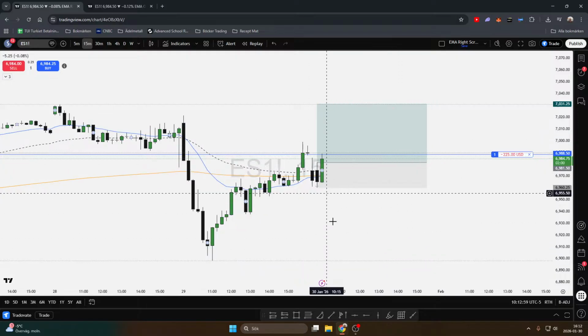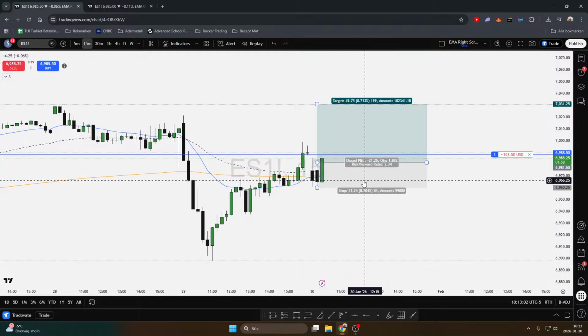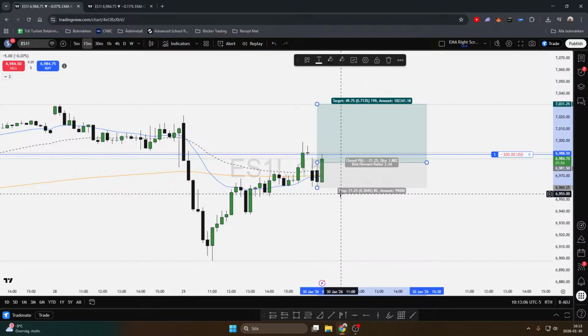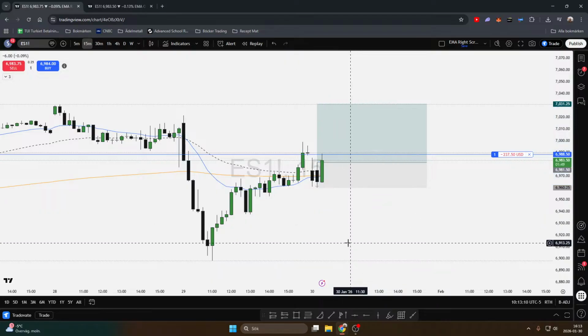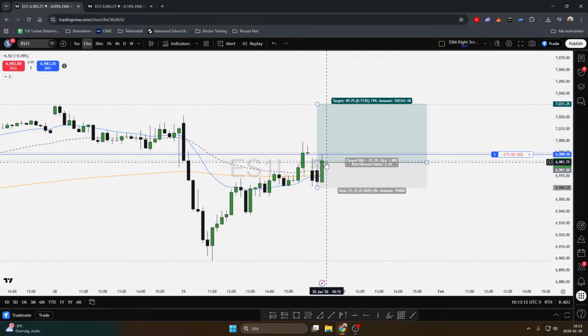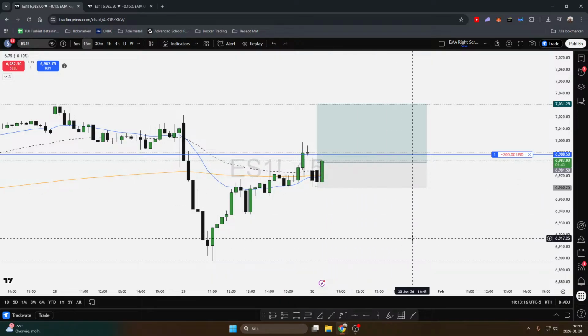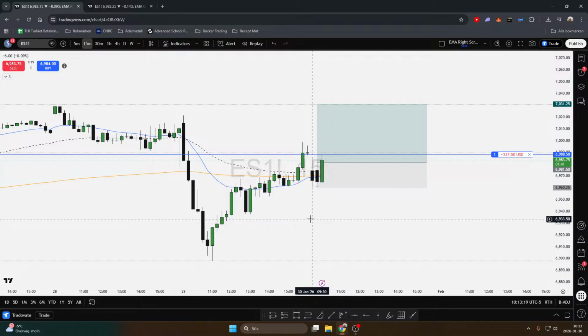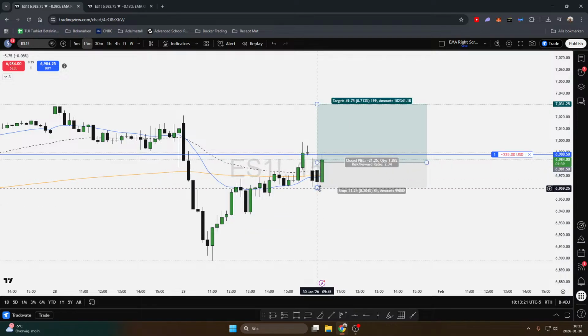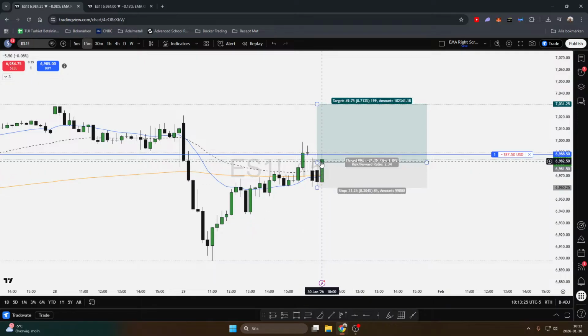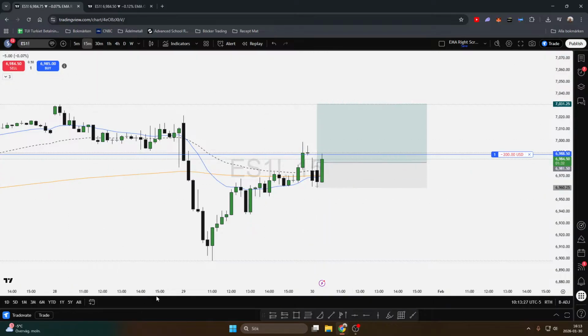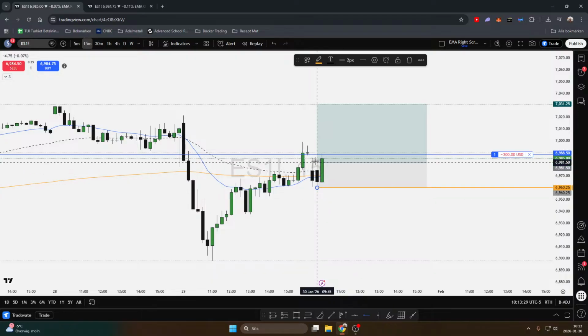So you get the 15-minute time frame. Maybe I shouldn't risk that much. That's 1,000. My entry should have been here. The school run strategy is you wait for the second 15-minute candle to print, and once that candle prints, you mark it up.